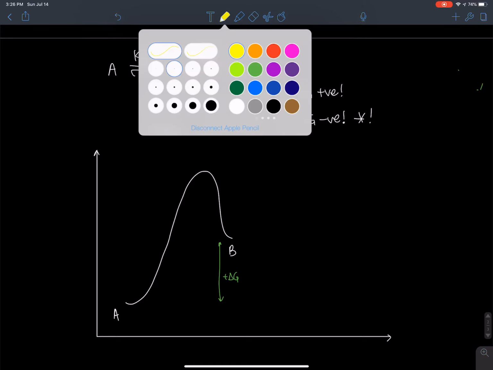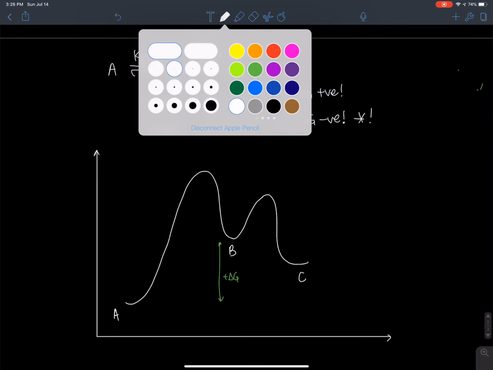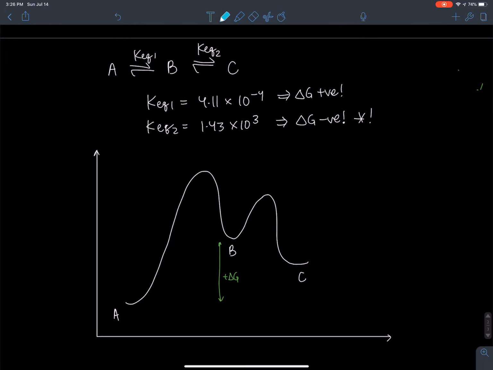So from here to here, oops, sorry. B to C. So B to C right here, I'm going to use the blue one, B to C, negative delta G. Okay, let's see.